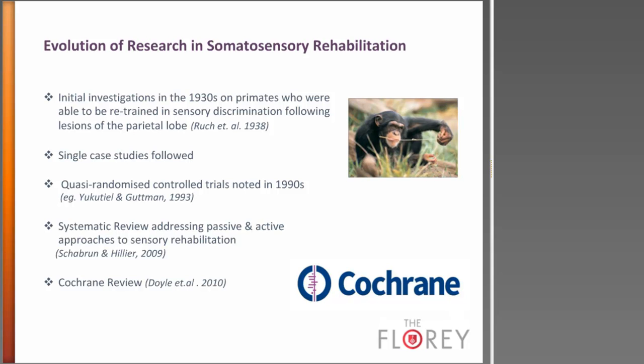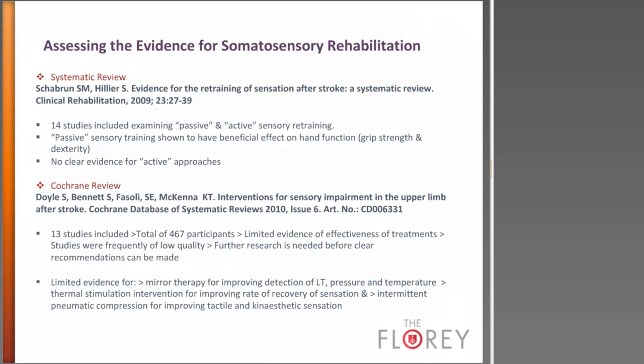So I'll just go through one of the systematic reviews was a Cochrane review, and the other was a systematic review by Schaubron and Hillier, which looked at the evidence for retraining of sensation.